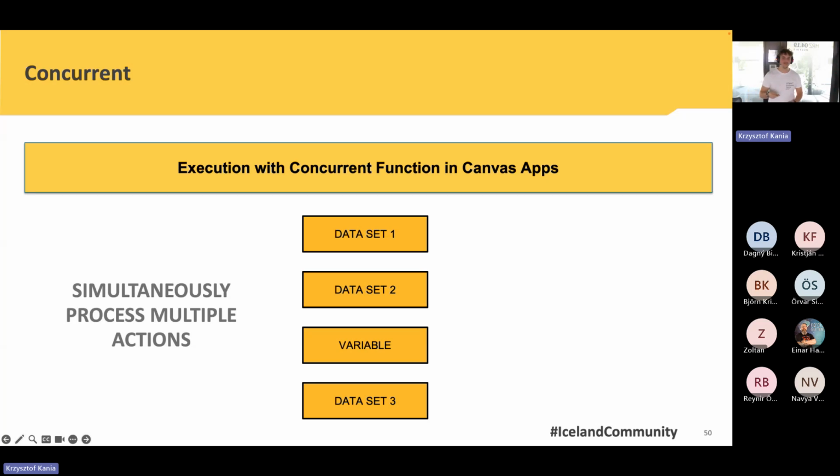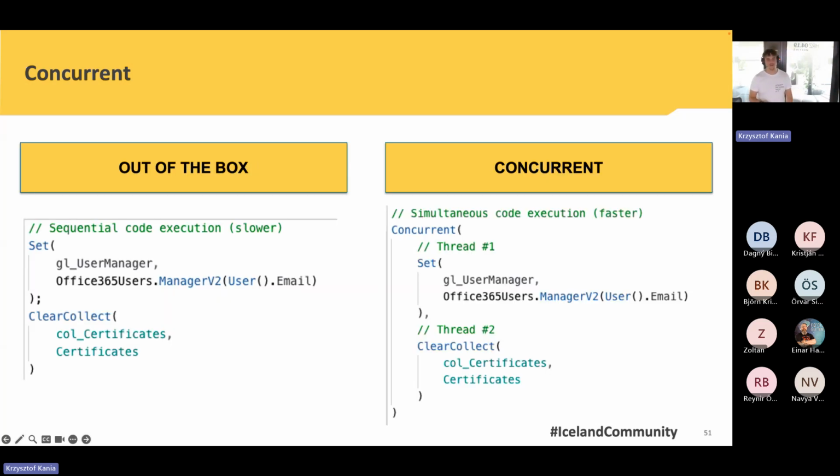So let me show you how Concurrent looks compared to the out-of-the-box approach. On the left, you can see out-of-the-box, sequential code execution. You set the value, you get the data from the data source, one after another.